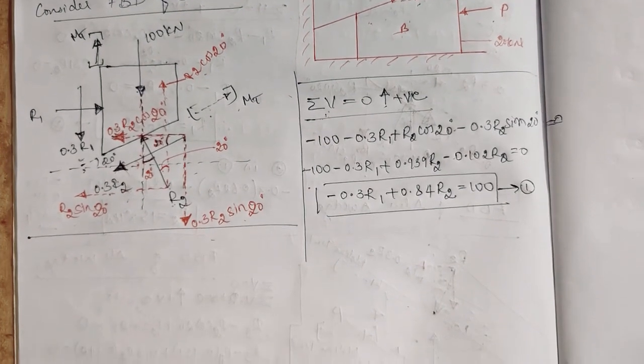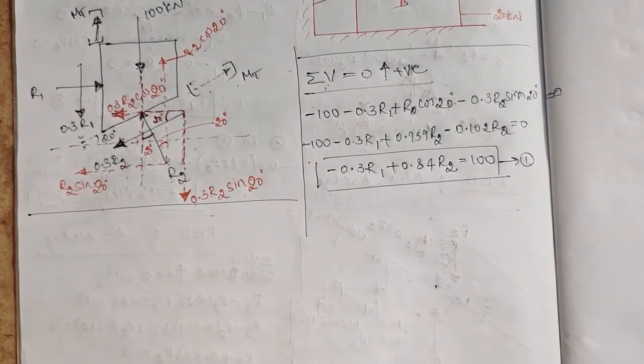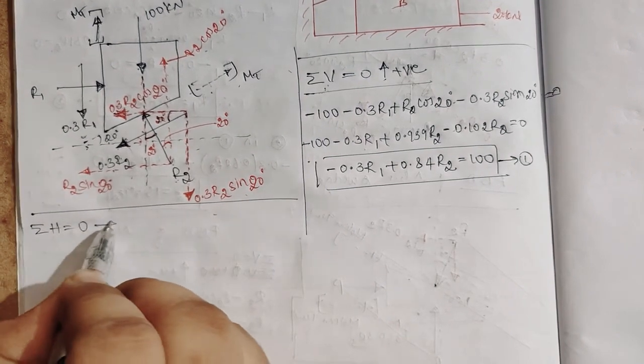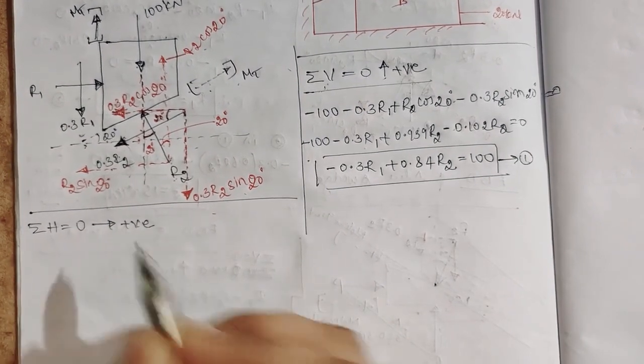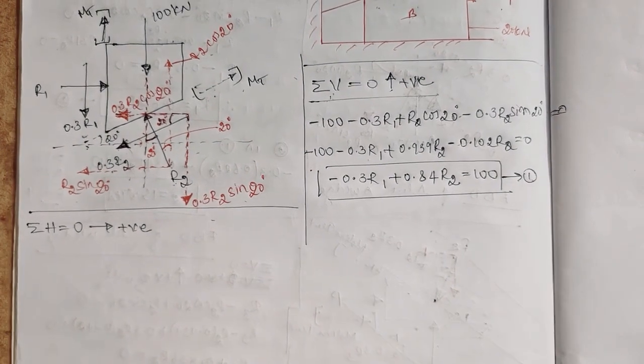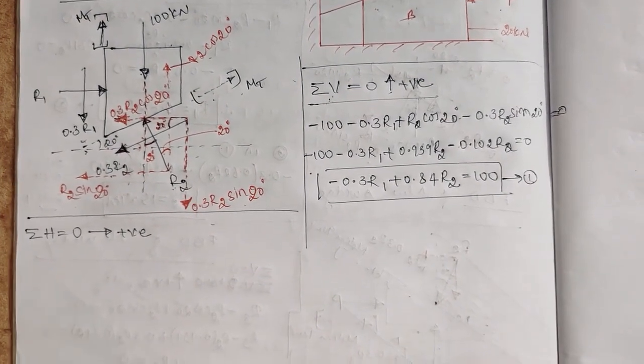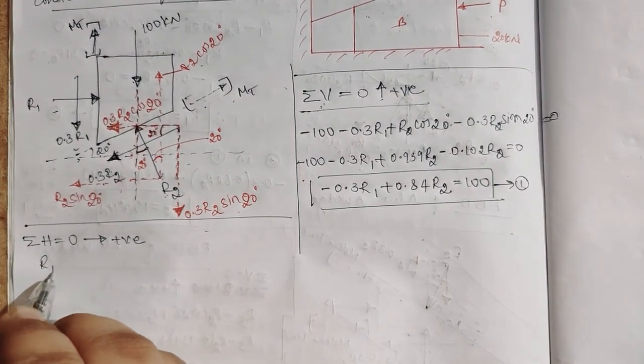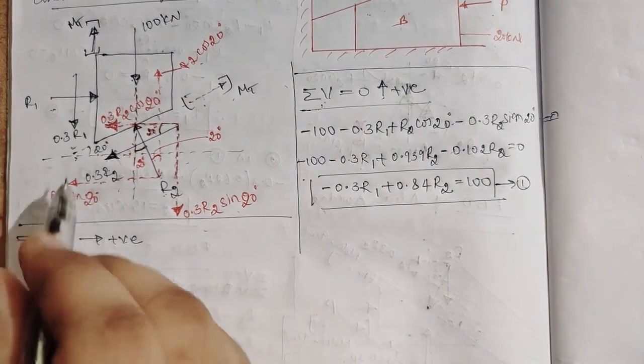Fine, now I'll resolve the forces in the horizontal direction, taking left to right as positive, all the horizontal forces. So take R1, which is independent. Take all the independent forces first so that it will be easy.